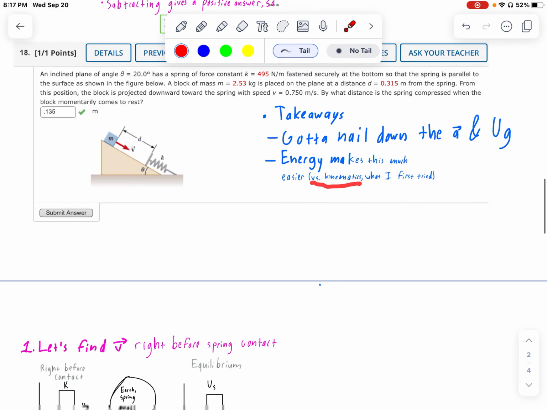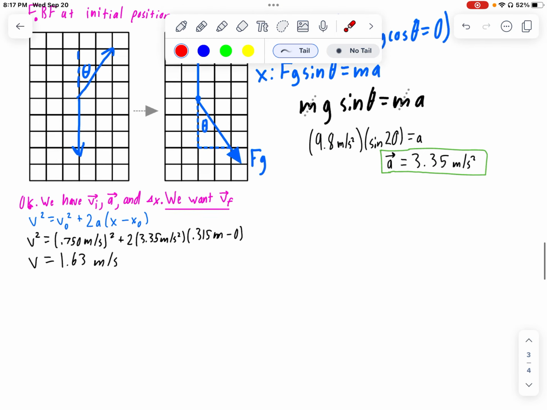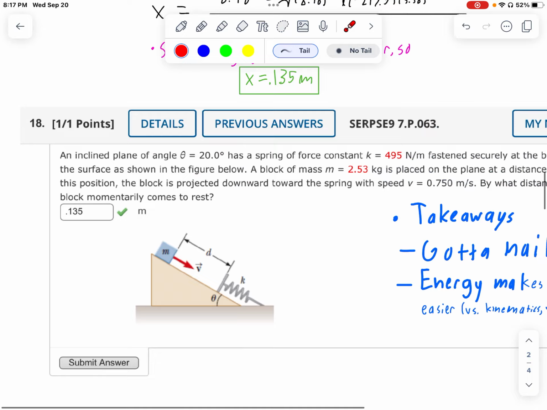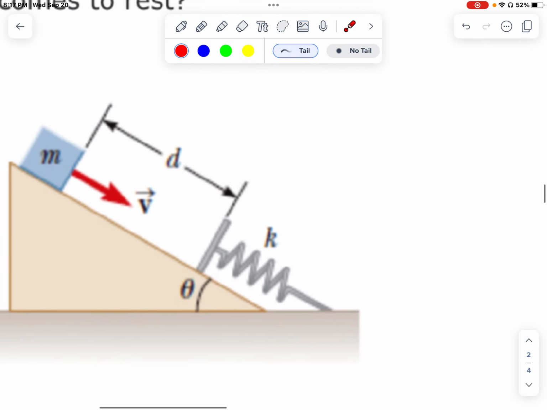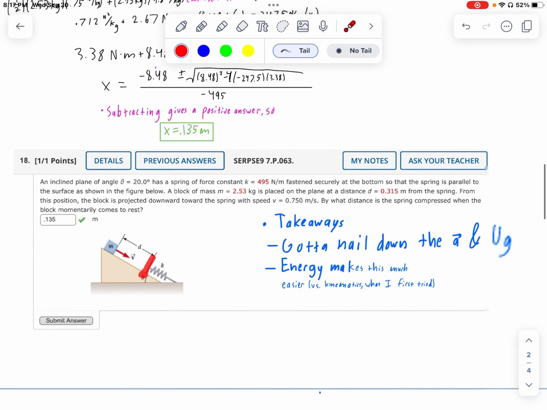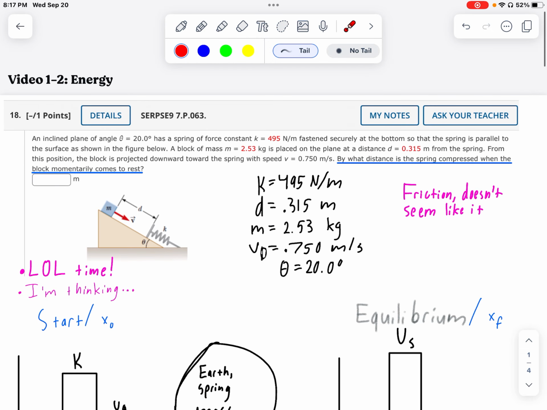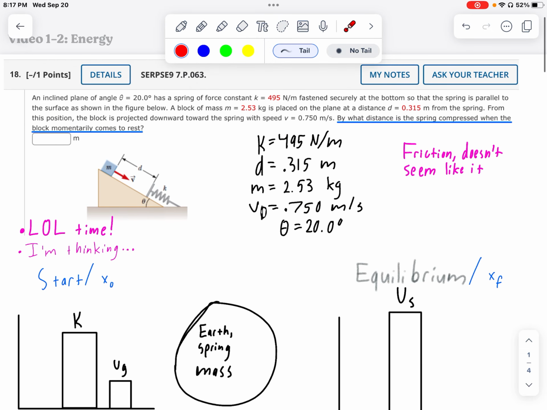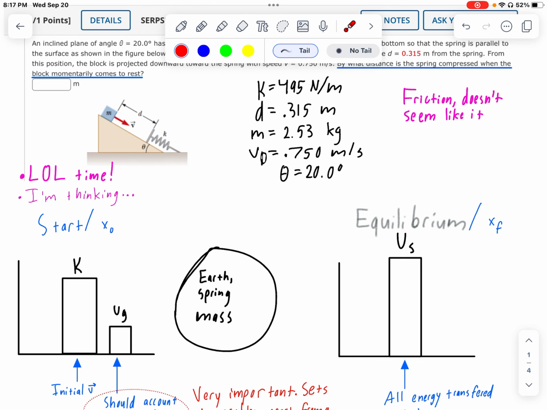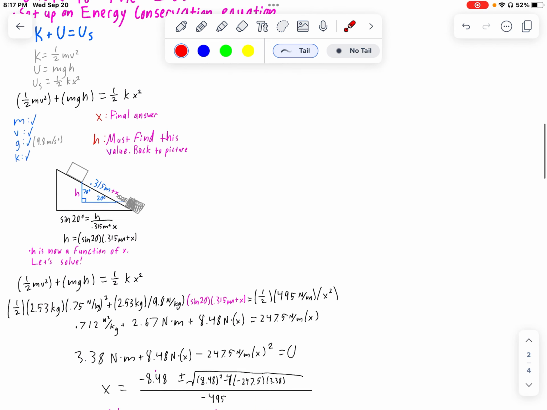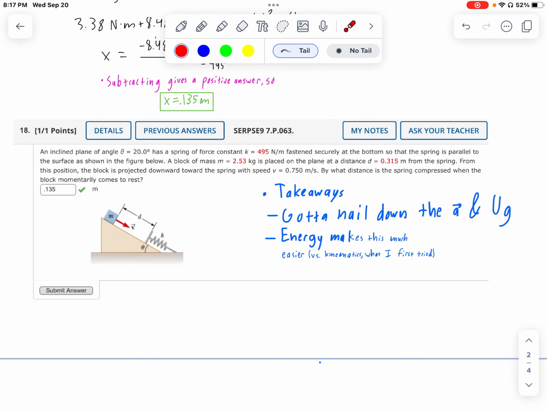I first tried using the kinematics. You can see some leftover work down here. I was trying to find our velocity at this point right before contact is made. I have confidence I could have solved it that way, but it would not have been pretty, and I don't think it would have been in the spirit of this problem, which is to work strictly with the energy equations. If we work strictly with the energy equations, it makes the problem easier and gives us a better understanding of energy.